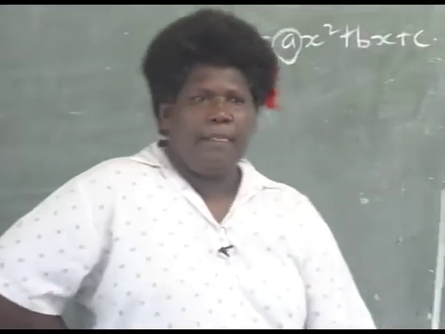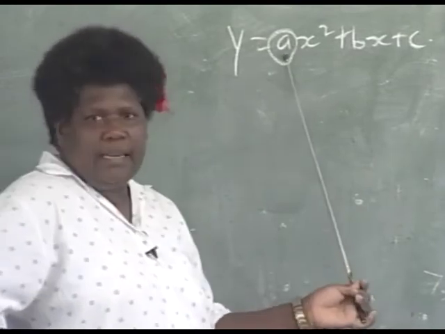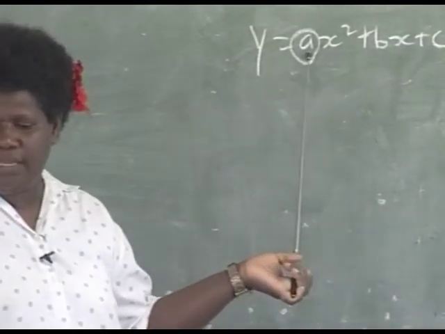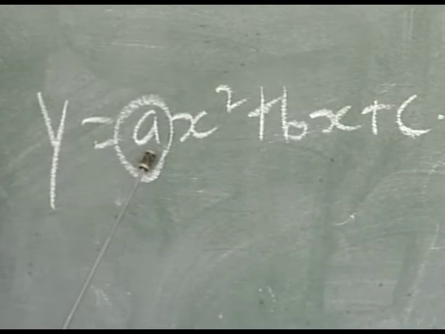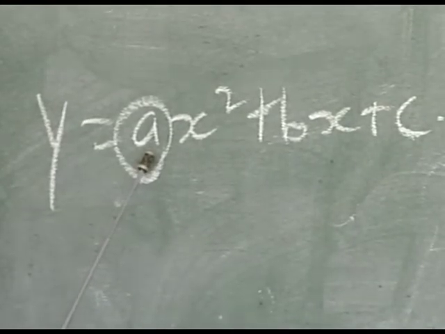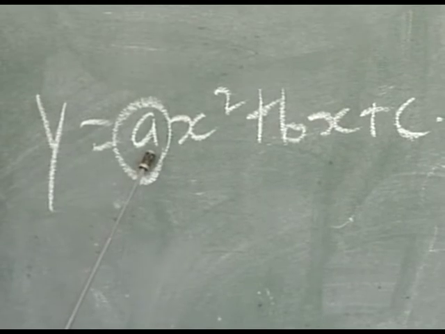One, if a is negative, the graph is upside down. If a is positive, it is upright.